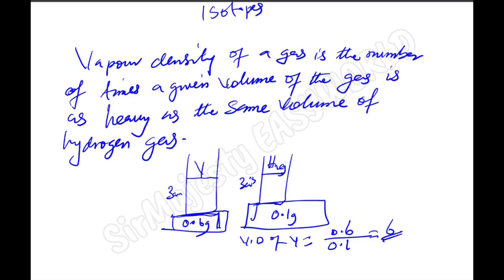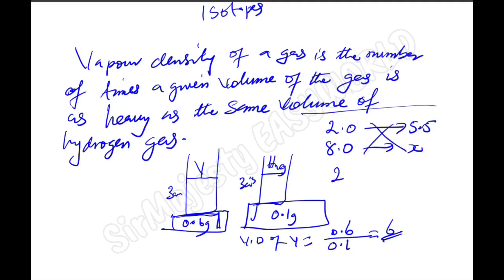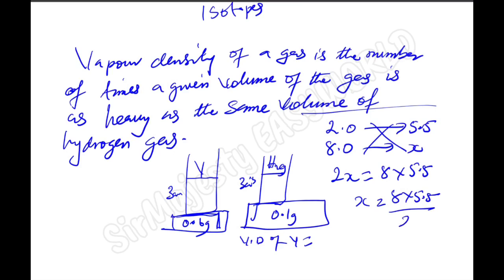Now, let us see. If 2.0 weighs 5.5 times, 8.0 will weigh how many times? So you cross multiply, you find out that 2x is equal to 8 times 5.5, such that x is 8 times 5.5 divided by 2.